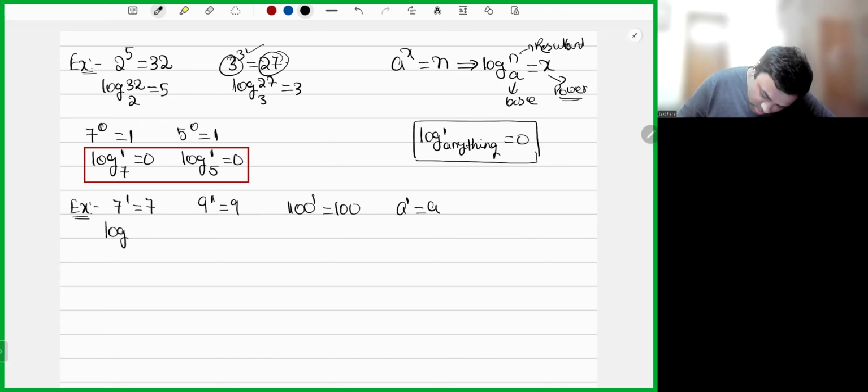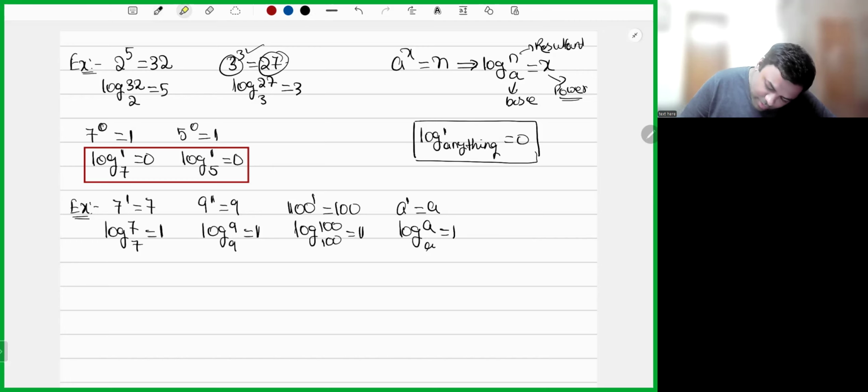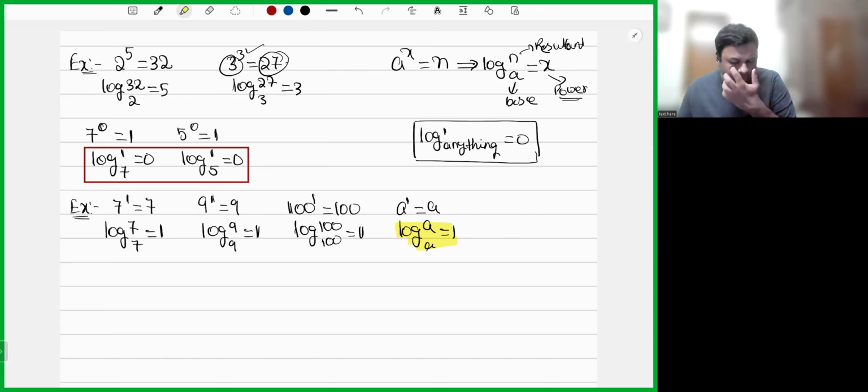Each time, log resultant to the base is equal to power. So can I say, my dear friends, one more property I have developed here? What is that property? Log a to the base a will be equal to 1. Nothing much, simple, right?